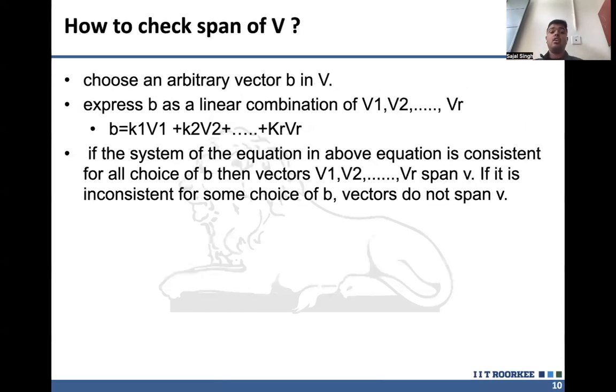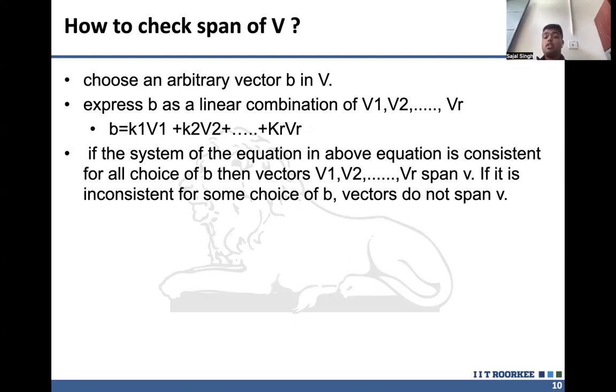Moving to our next slide, how to check the span of V. That's the most important thing for us in checking a span. We should first choose an arbitrary vector b, or any component in V, and express it as a linear combination of V1, V2, and so on. What is a linear combination?